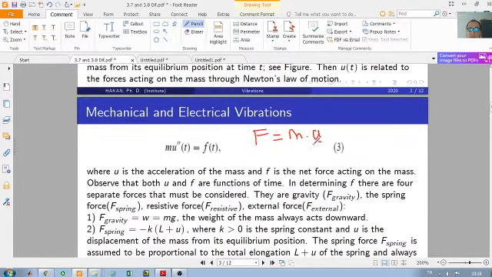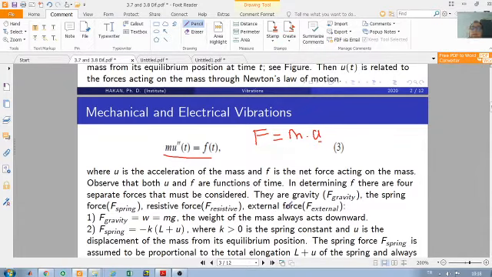Therefore we write the second derivative of the displacement function instead of the acceleration. So we observe that both u and the force are functions of time, because a is a function of time.